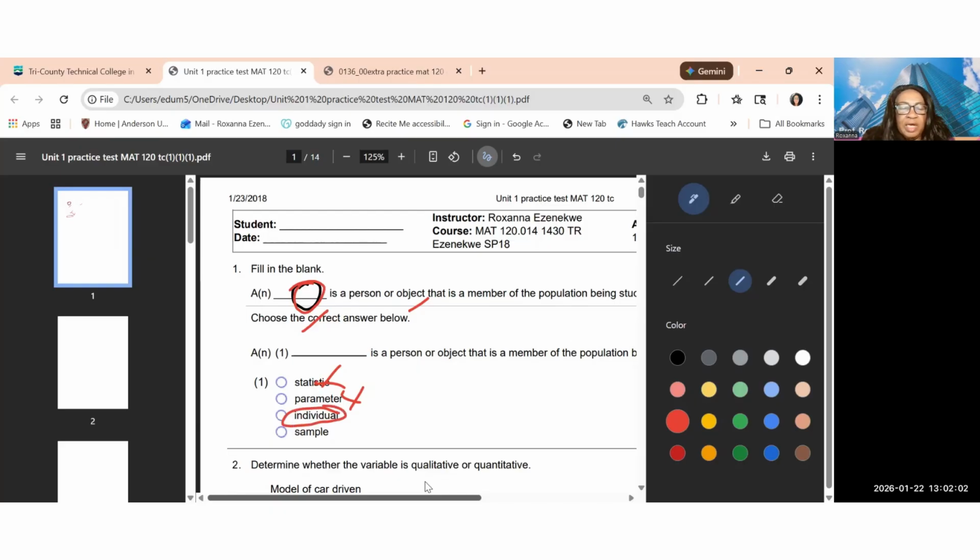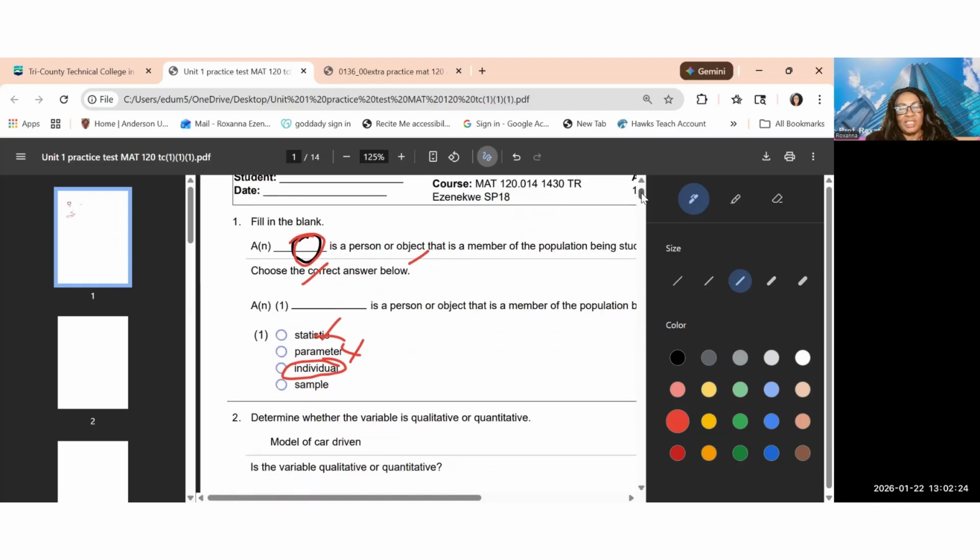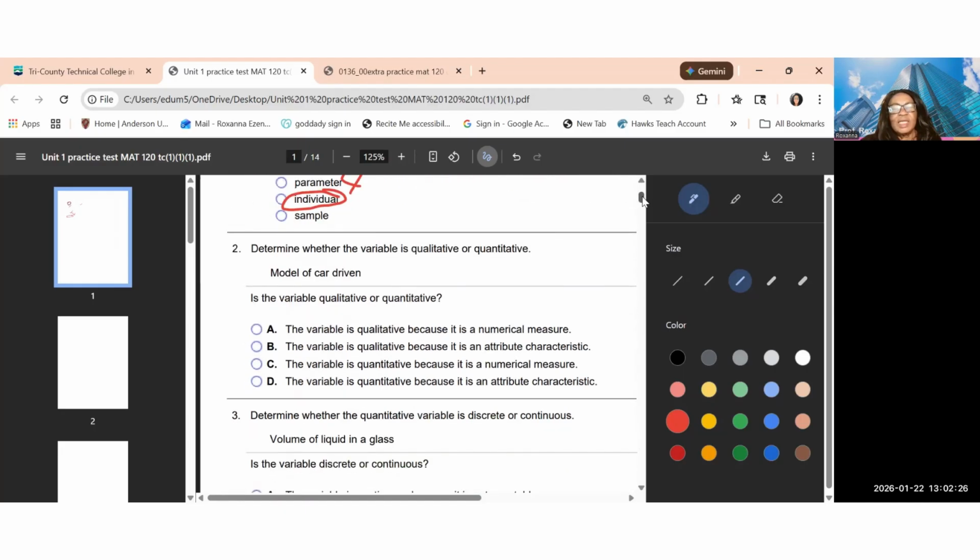A member of the population being studied is an individual. Even if you are studying tables, one of the tables is an individual. Whatever you're studying, a member of that sample is called an individual. All right, so I just want to make sure. It's actually one question.